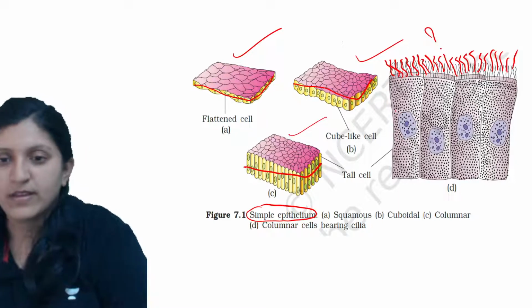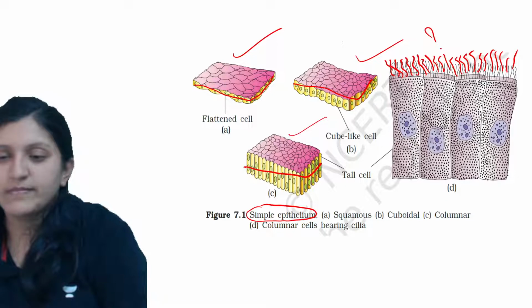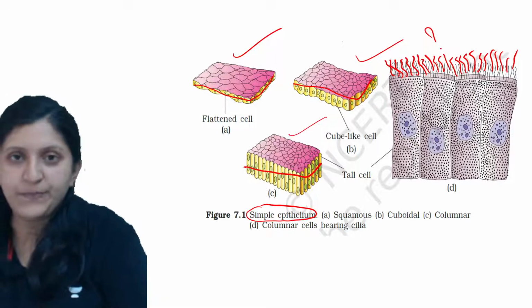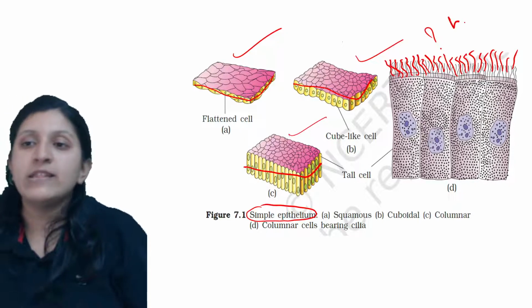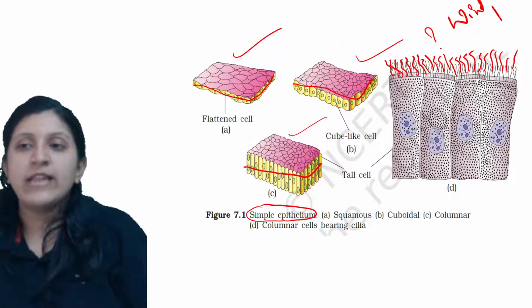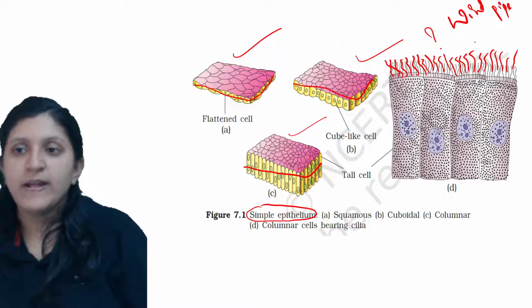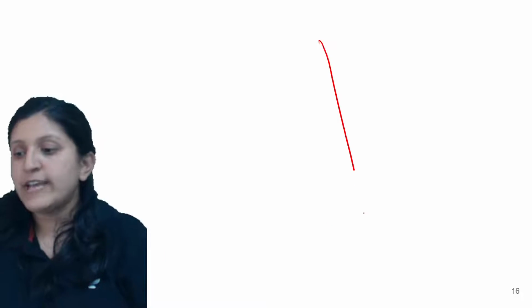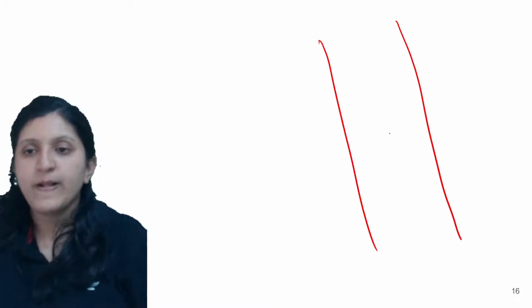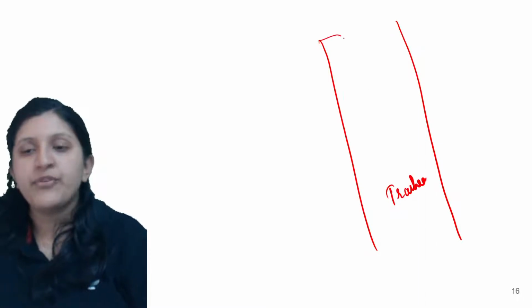Okay, cilia you can find in the windpipe, which we call the trachea. Let's say this is the trachea, and you can find a ciliated columnar epithelium there.